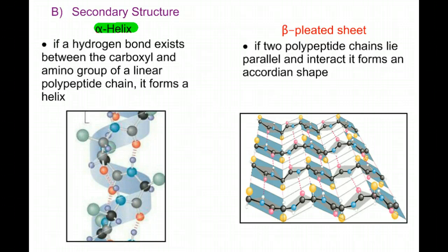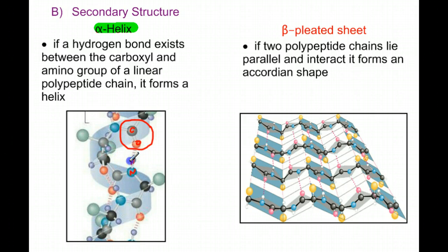group. I'm going to use a pen here. Here's our carboxyl group. So once that peptide bond's formed, here's our carbon. So this is a carbon, and this is an oxygen. And on that same chain, we've got our nitrogen and our hydrogen here.